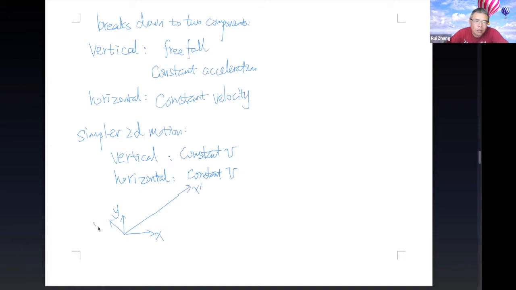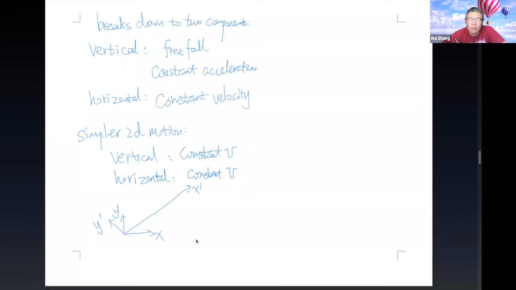Then your motion is gonna happen along the x prime direction all along. So that becomes a one-dimensional motion again. That's why we don't talk about this one, because it can be converted back to a one-dimensional motion. So this one here is the simplest non-trivial two-dimensional motion we have, the free fall. I mean, sorry, the projectile motion.